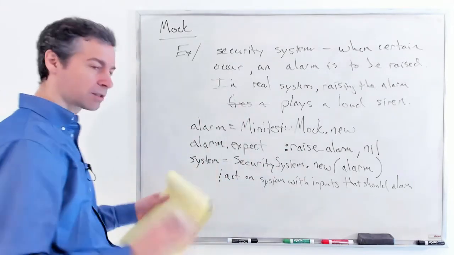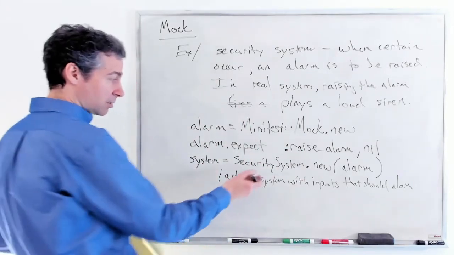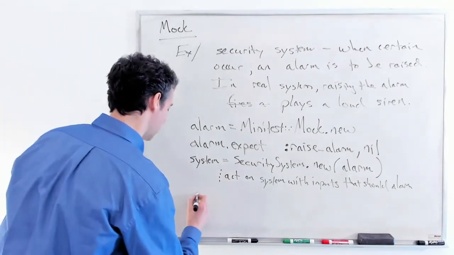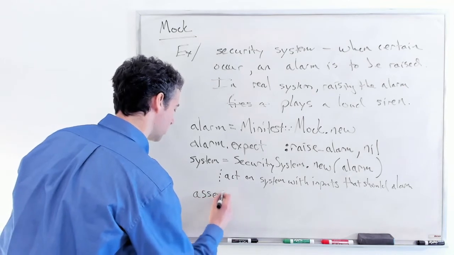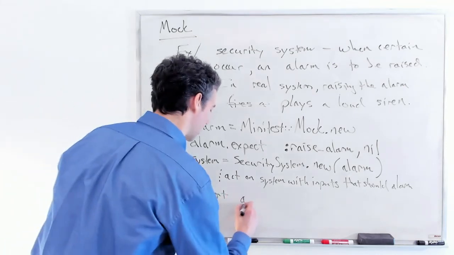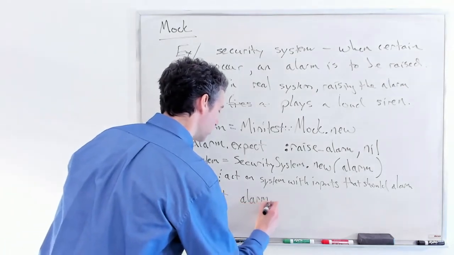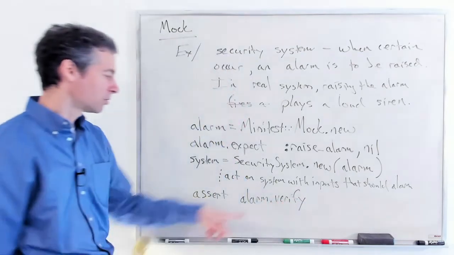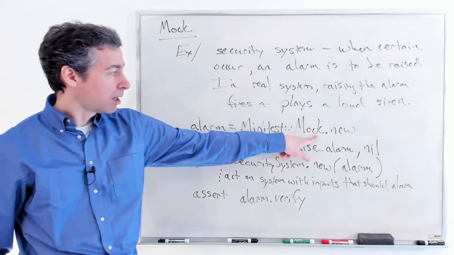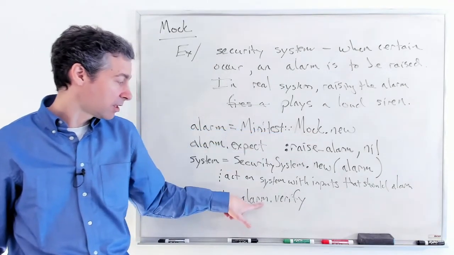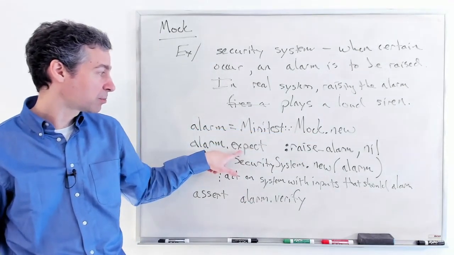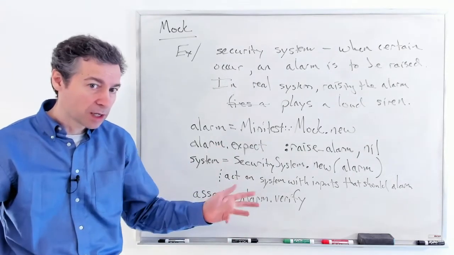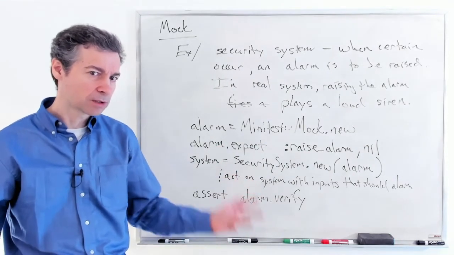Now, to make sure that the security system did its job, all I have to do is say assert alarm.verify. The mock object, which we've told to expect this, is sitting around waiting: did someone ever call raise alarm on me?